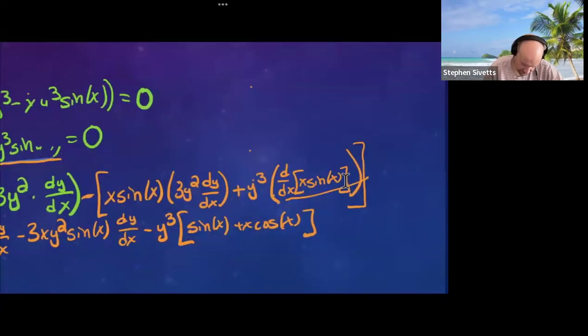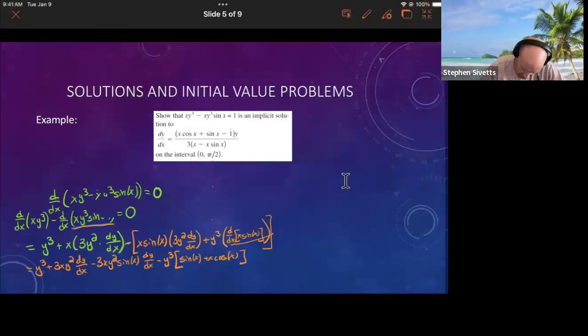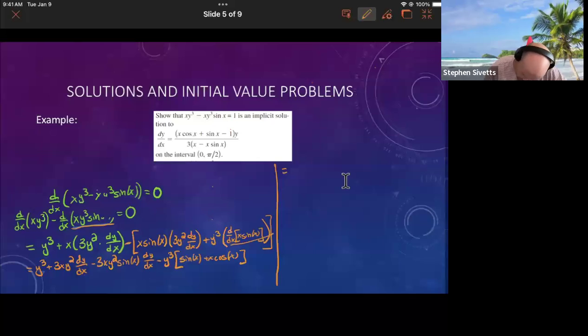All right, so I zoom out here. This should equal, so I'll have y cubed plus 3x y squared.